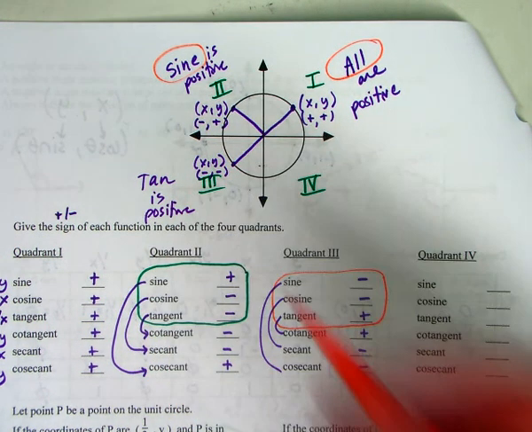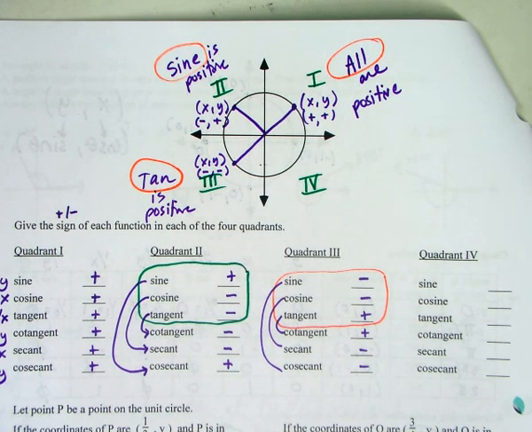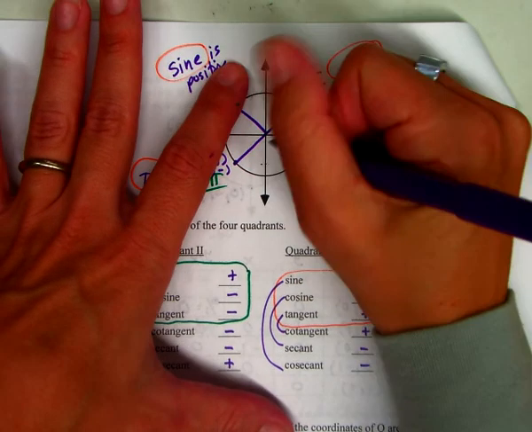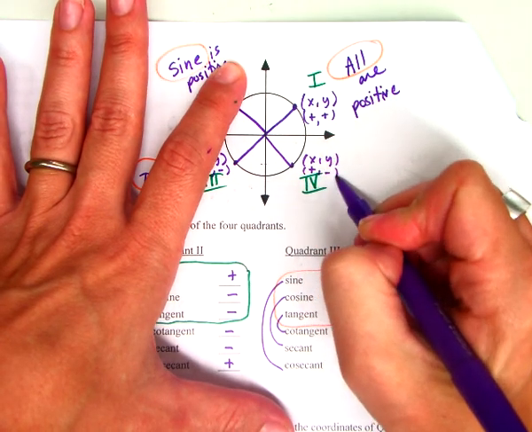All right, try quadrant 4. Quadrant 4, my x value is positive, my y value is negative.